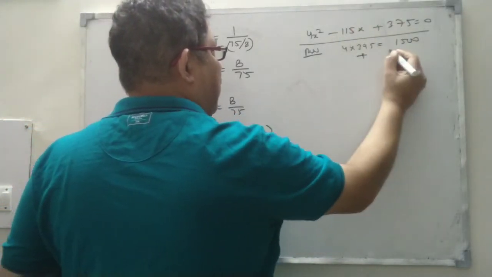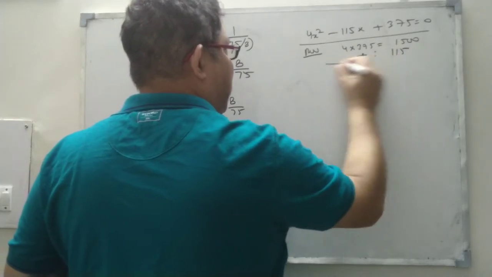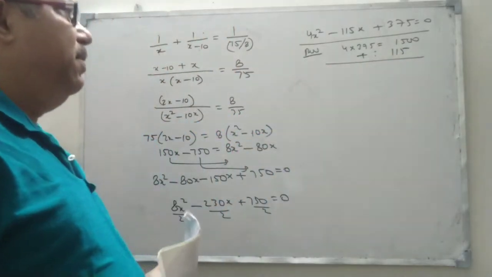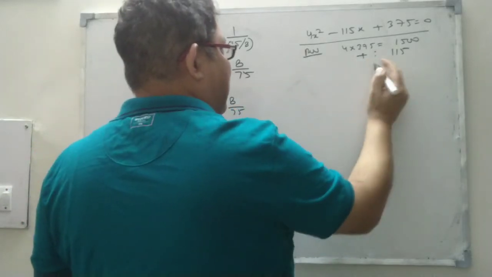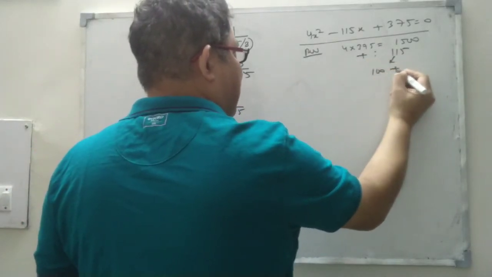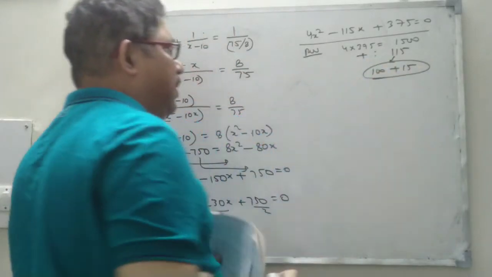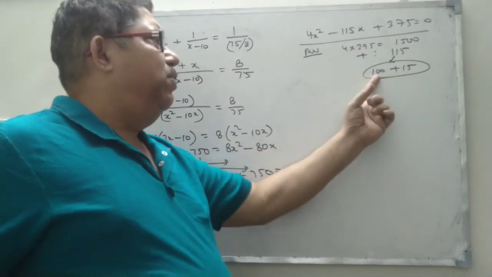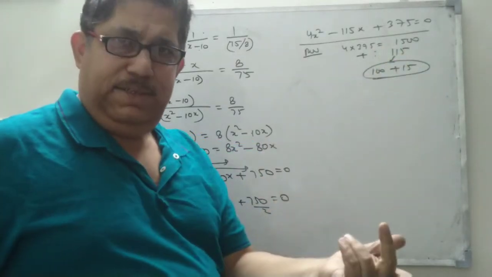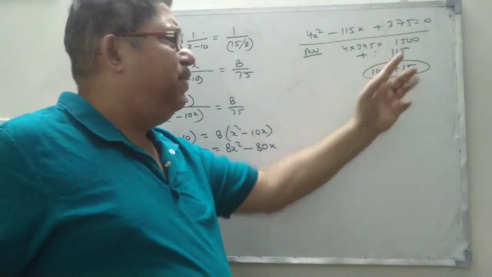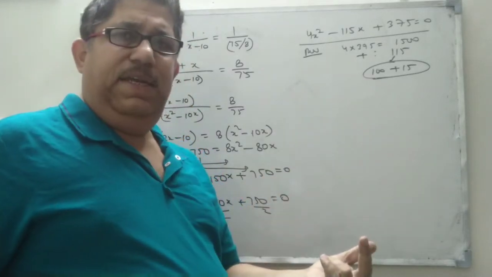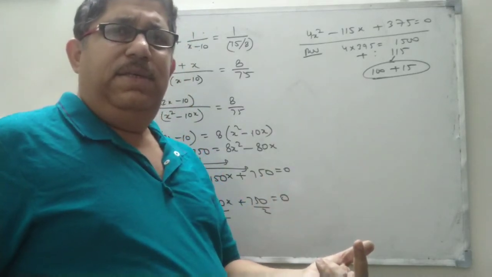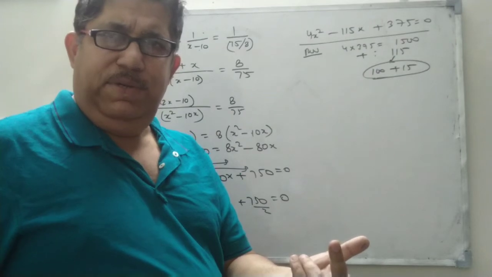So total should be what? Total should be 115. Right? So I just got an idea that this 115 can be written as 100 plus 15, and 15 into 100 is 1500, isn't it? So I think that's what we needed, isn't it?